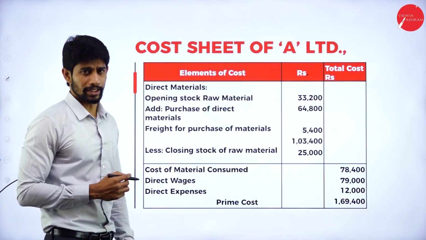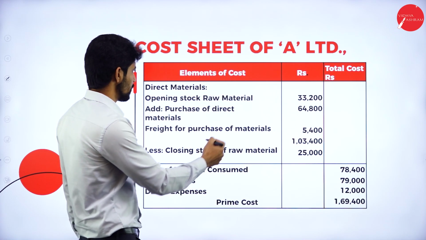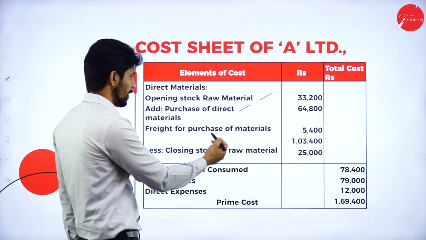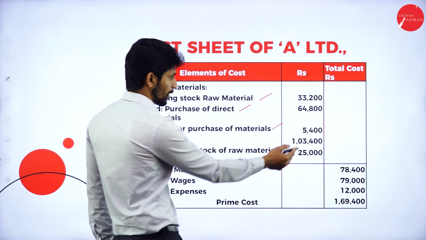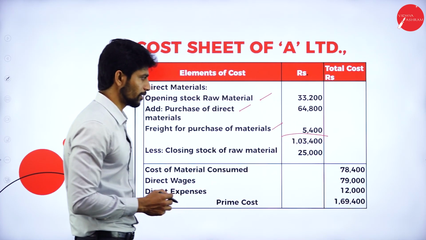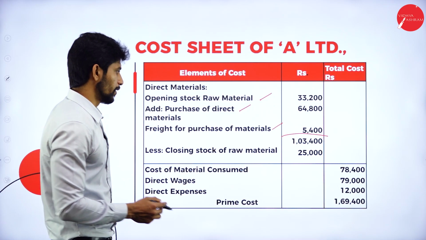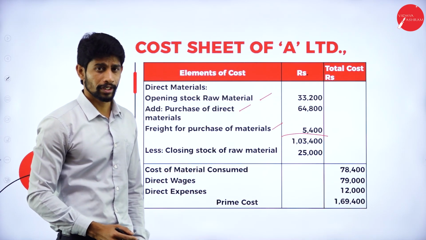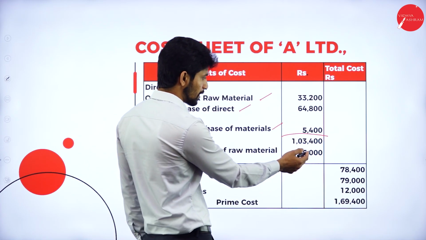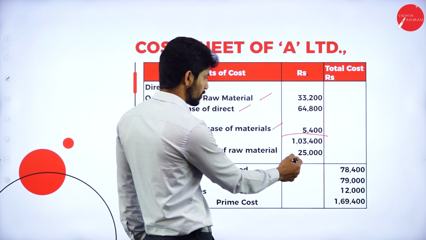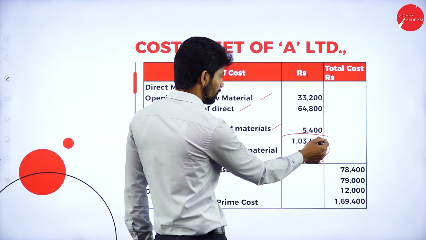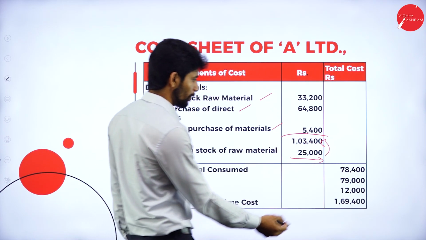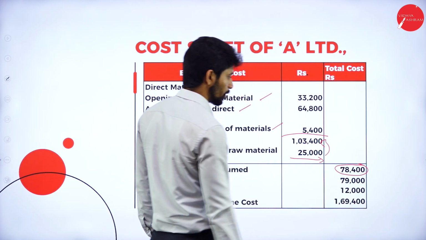So direct materials. First opening stock of material, next add purchase, next add freight charges. You will get the total, right? 1,03,400. So 1,03,400 less closing stock of raw materials of rupees 25,000, which is given in the problem. You will get balance of 78,400.